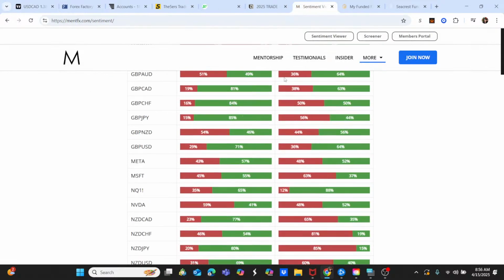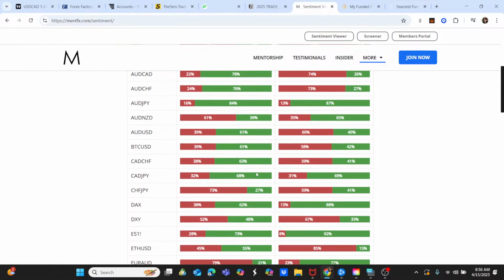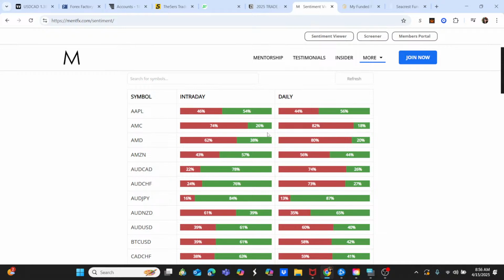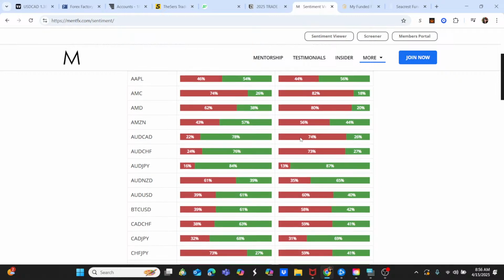Let me take a look at the sentiment viewer, to scan all the other markets and see what I can analyze. I'm going to analyze a few more pairs. If nothing else looks clean, I'm just going to end the stream, hop off, and show up tomorrow, because nothing looks clear for me. I know the stocks aren't looking clean right now. Daily is showing overall bearish, but the intraday is showing bullish, so I probably don't want to look at that market. I'm just using this as a tool. I don't use it to decide whether I'm trading, just to find markets quicker.